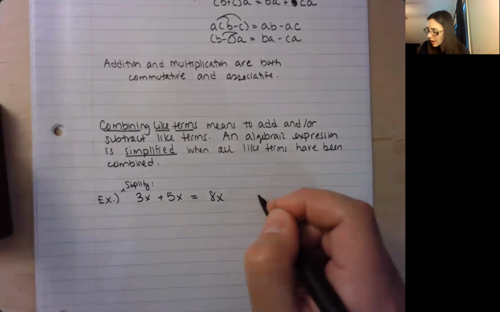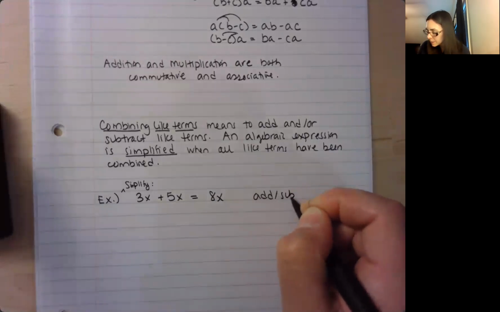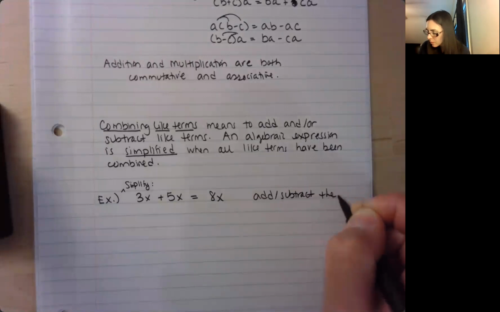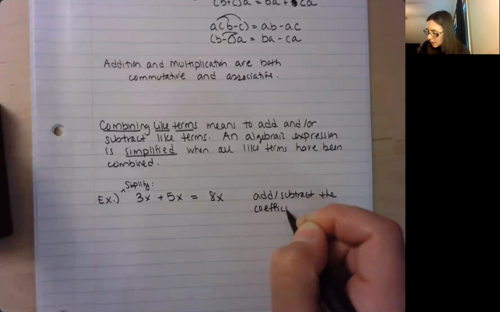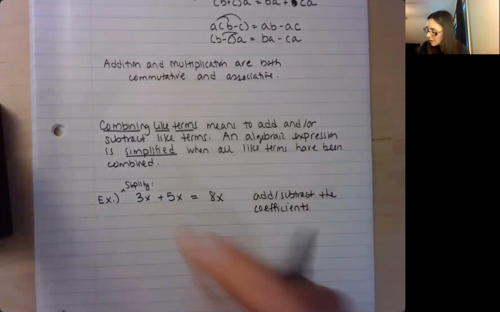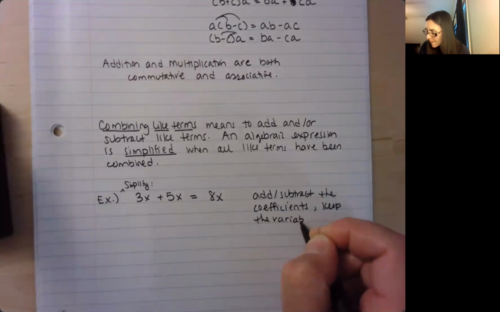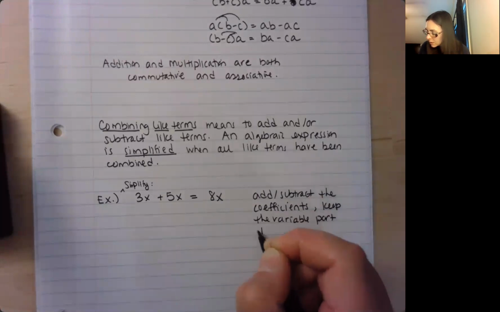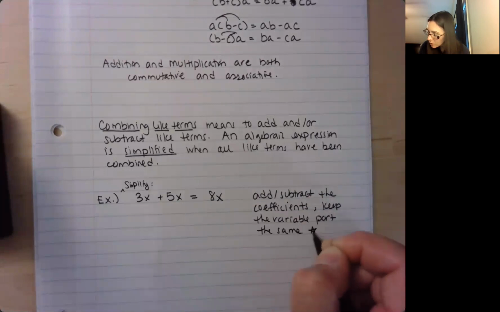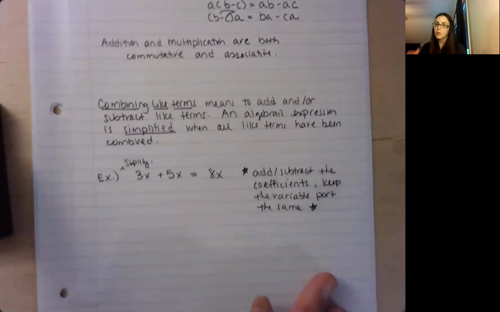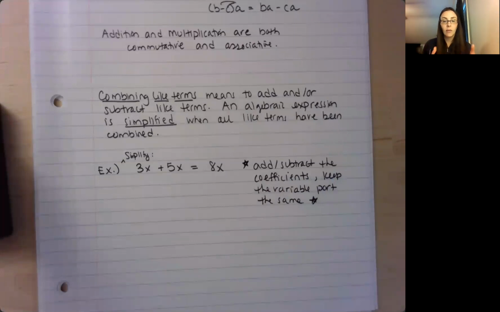So what happens is you add or subtract the coefficients, which are the numbers out front, and then you keep the variable part the same. So when you see simplify, when you see combine like terms, when you see add or subtract, that is what you're doing. If you have like terms, they can go together, and you're just going to add or subtract as you would think, right? So 3 plus 5 is 8 here, but the x stays the same. It does not become x squared.